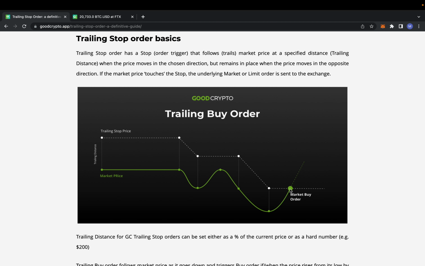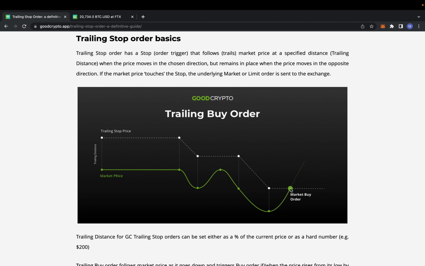So you bought here. So again, you started here, you sent a trailing stop buy order with a trailing distance of this much. The price went down, the trigger went down with it. Once the price stopped moving down and went up, the trigger stayed in place, and once the price crossed the trigger, the order executed and the market buy order was sent.